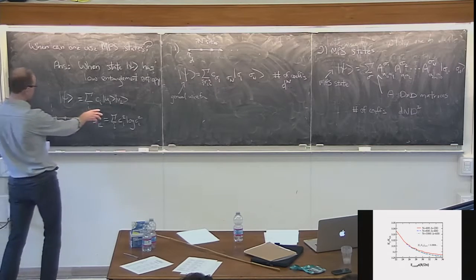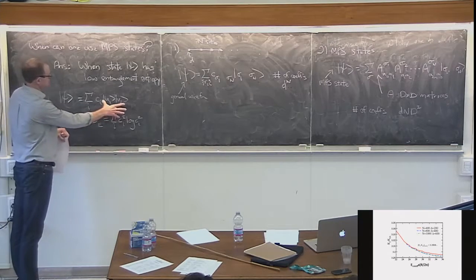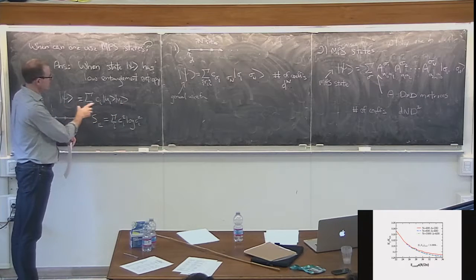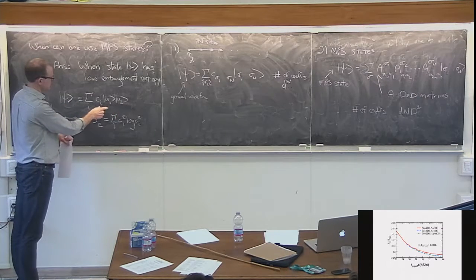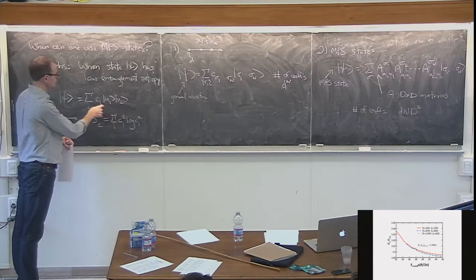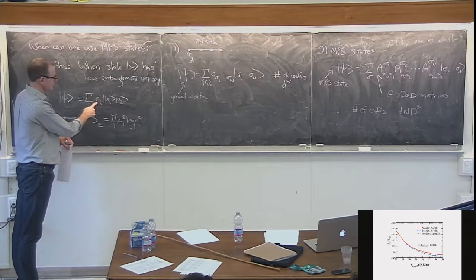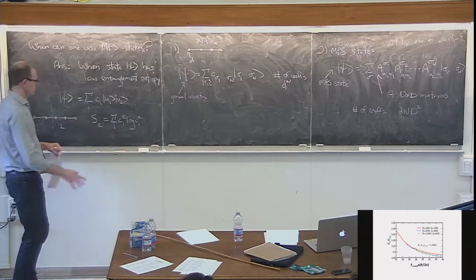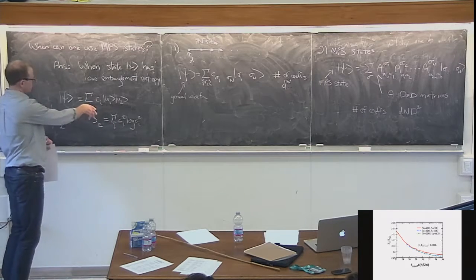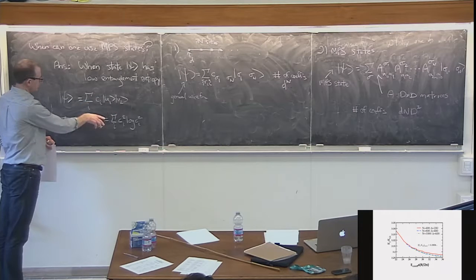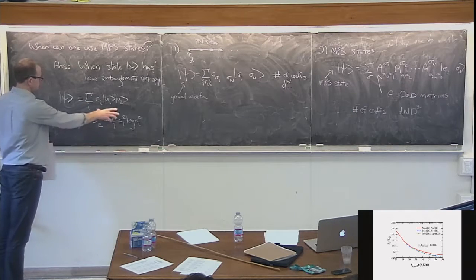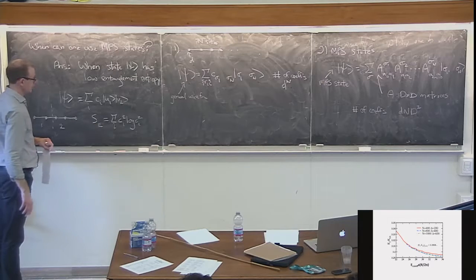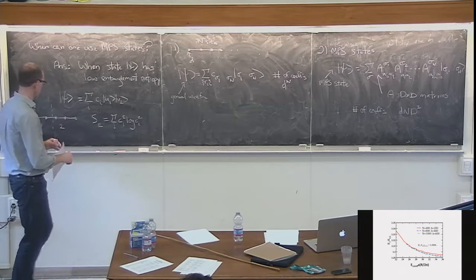So of course, if there was no entanglement in the state psi, then the Schmidt decomposition would consist of just a single term, and that Ci would be 1, which would mean that the entanglement entropy was 0. Whereas if these coefficients are spread over a large number of terms, then you get a much bigger entanglement entropy.